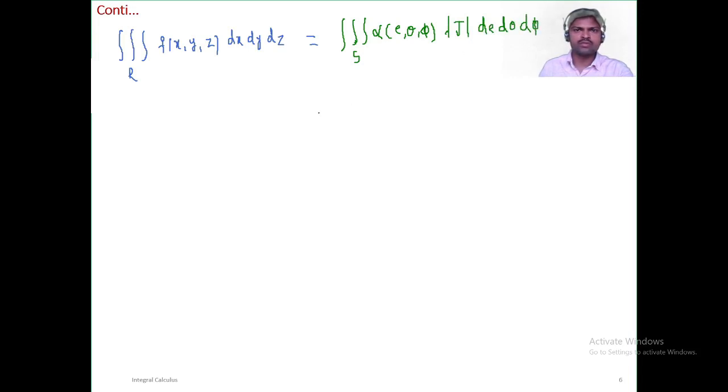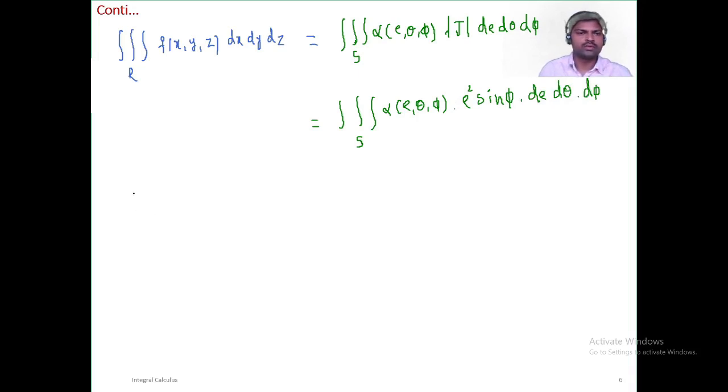What is the Jacobian? Just now we got rho square sin pi. If you get minus rho square sin pi, you have to take only the modulus, that means you have to take only the positive value. So it is rho square sin pi d rho d theta d pi.